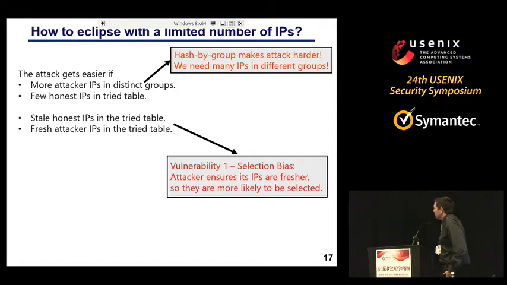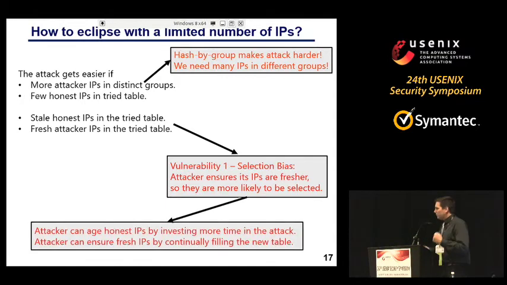But also notice that if you make the honest IPs more stale, it helps you as well. So you can just run the attack for longer. If the honest IPs all have timestamps from 1 hour ago and you run the attack for 5 hours, now they're 6 hours stale. So you basically have 2 resources: the number of IP addresses you have and the time invested in the attack.